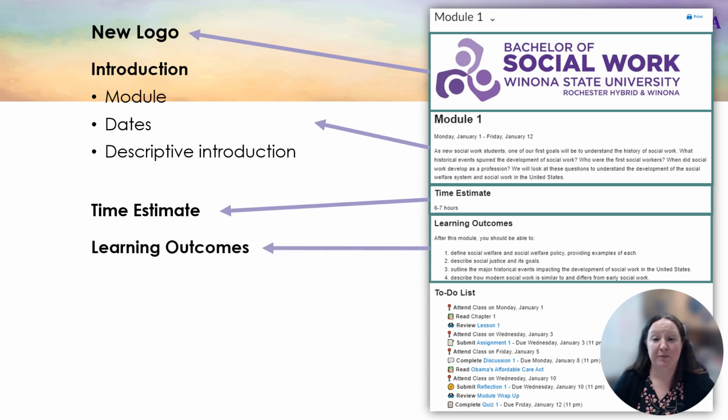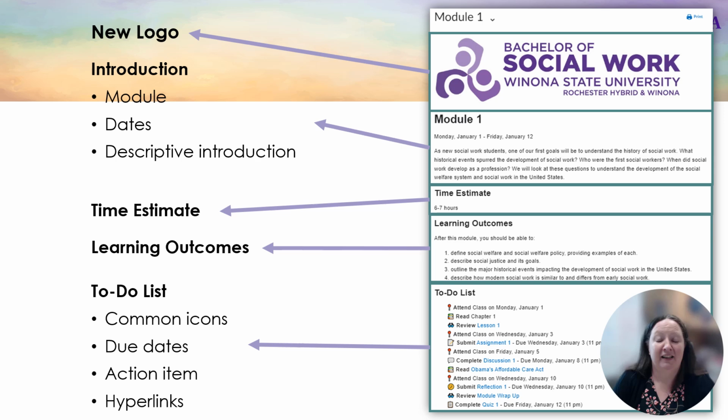Clear learning outcomes, which follow all of our best practices. They are measurable, etc. And finally, a to-do list.